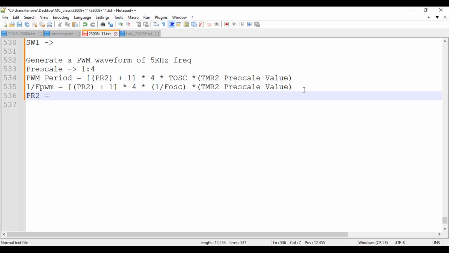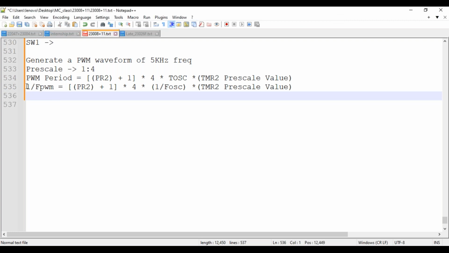So how much is the PR2 value if I have to generate a frequency of 5 kilohertz? Okay, so do the calculation later.